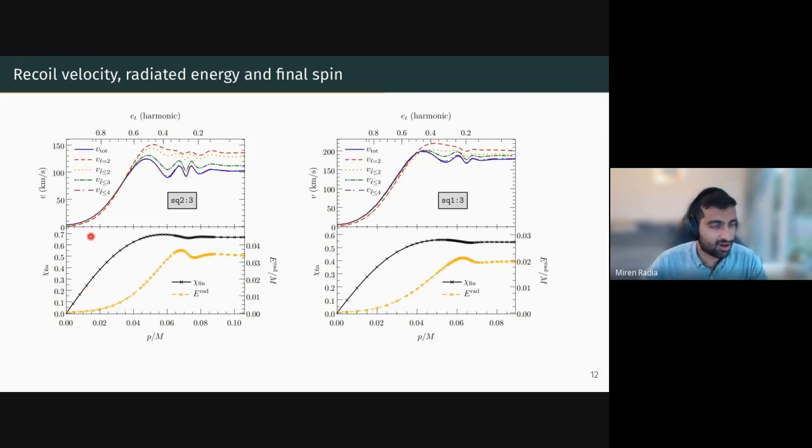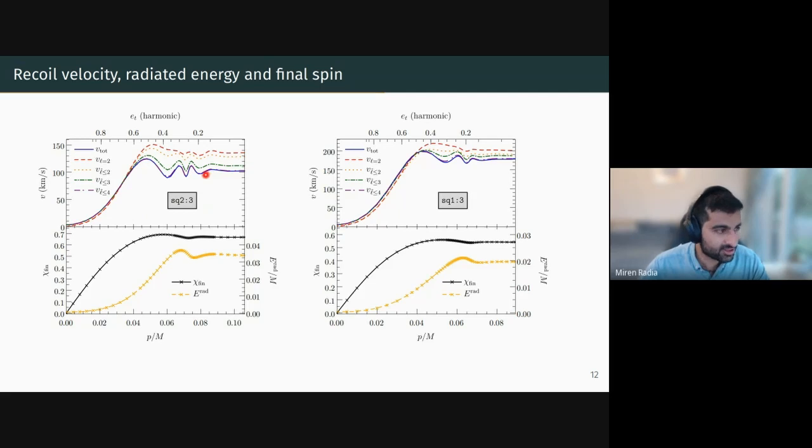Like I said, these are our main plots for the SQ23 and SQ13, as you can see from the gray labels here. In the top panel, we've plotted the kick velocity in kilometers per second as a function of the initial tangential momentum on the horizontal axis. The kick is just the blue solid line.